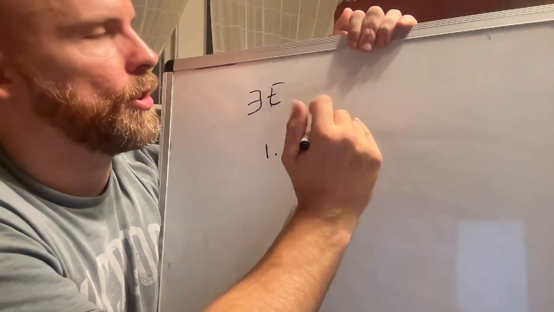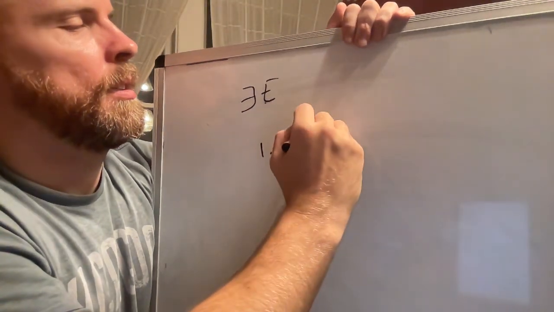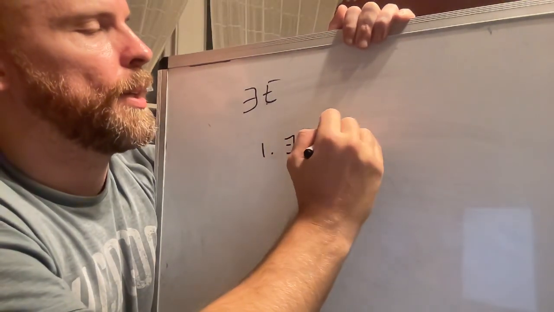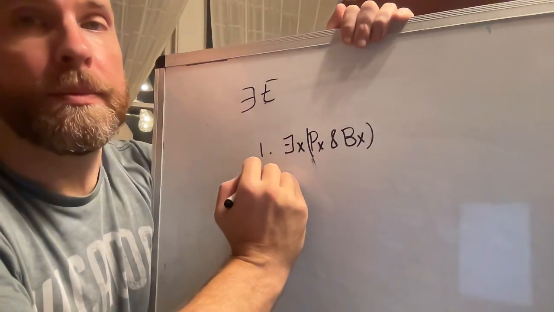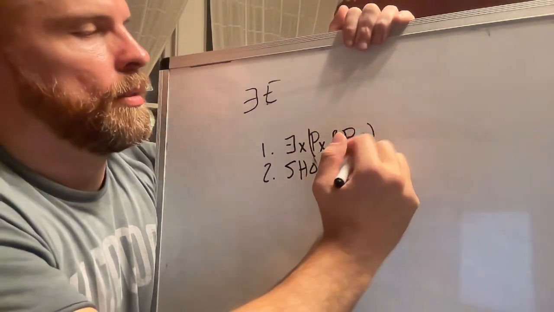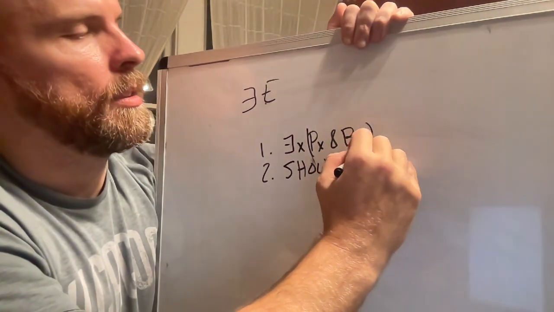I want to show that from something is a parrot and something is a bear, it follows that something is a parrot.